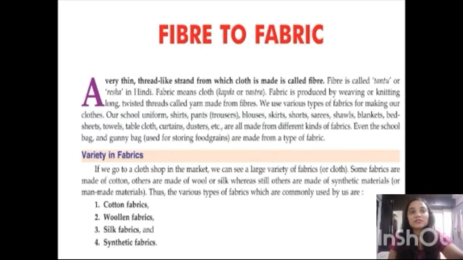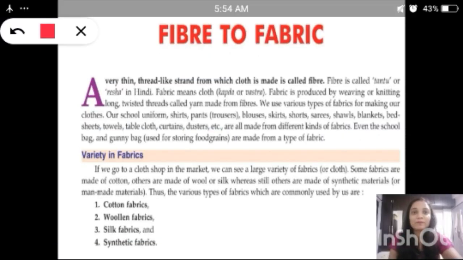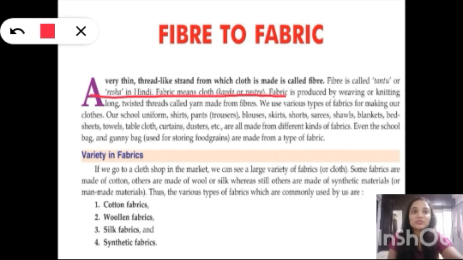Now first, we will see the meaning of fiber to fabric. Here they have given the definition in bold font. The very thin thread-like strand from which cloth is made is called fiber, and the Hindi name of fiber is tantu. Fibers are used to make fabrics.